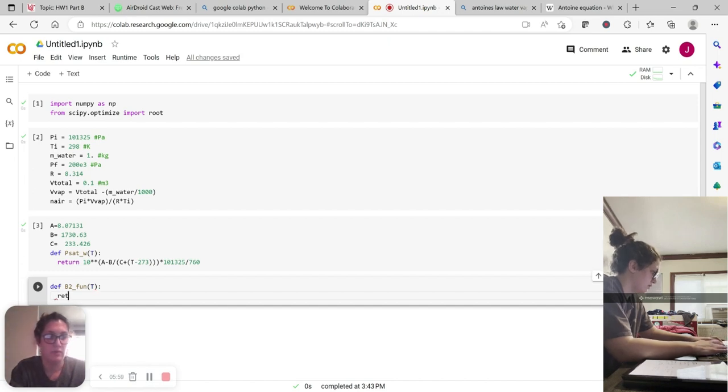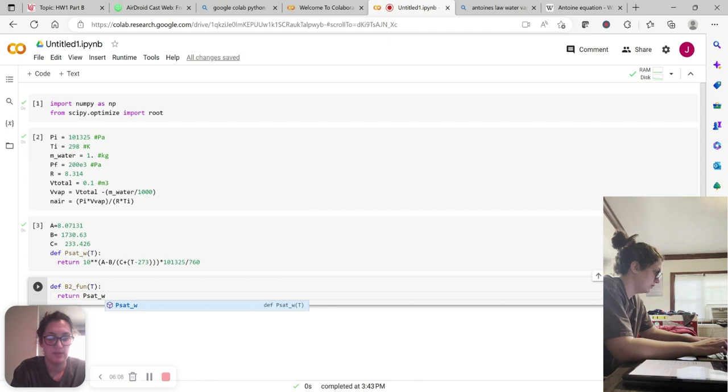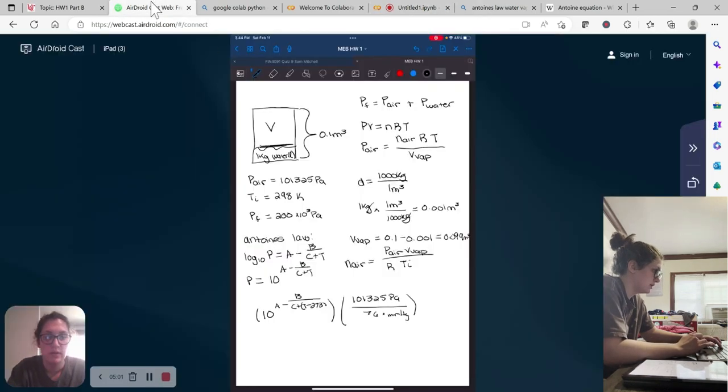And we're going to return that initial equation. So we're going to do bsat_w plus, we are going to look at our equation for the partial pressure of the air, which is this one right here.